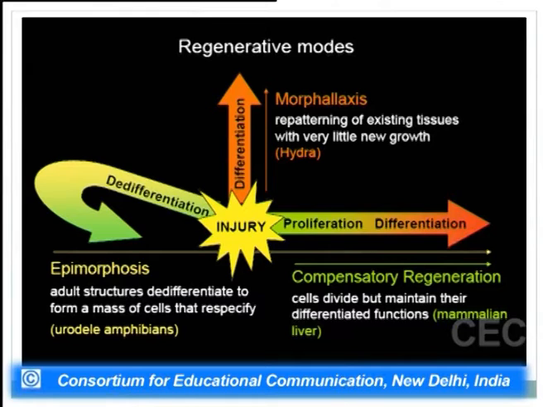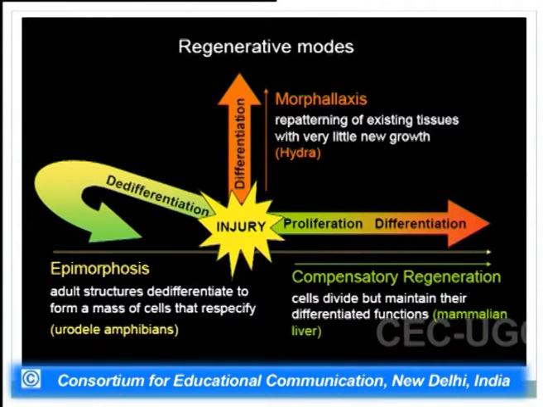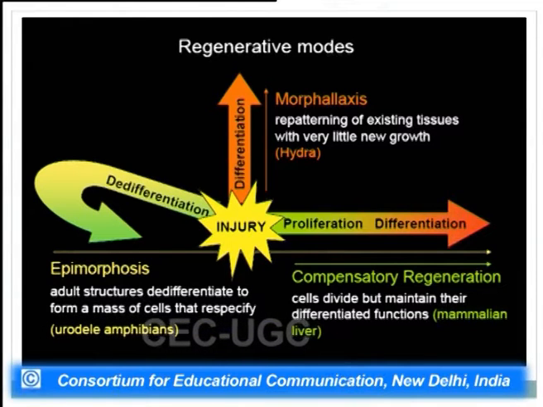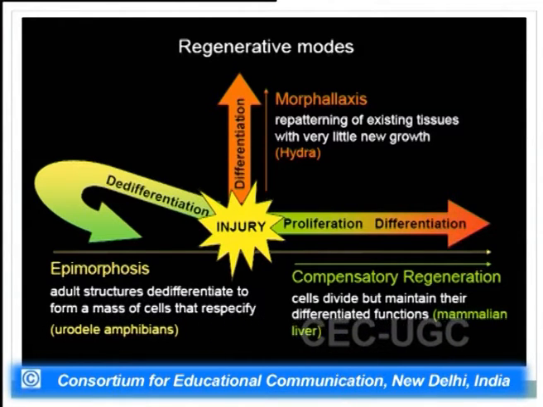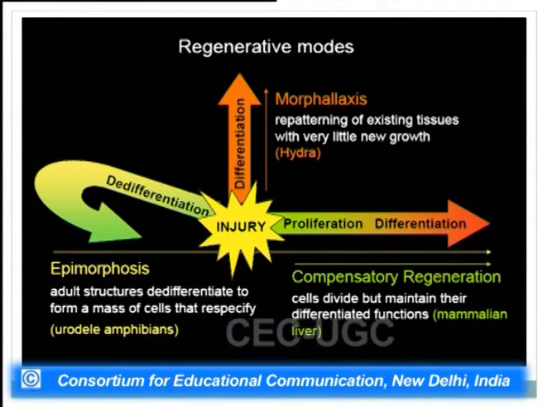In morphallaxis, which is exhibited by Hydra, a coelenterate, the repatterning of existing tissue occurs with very little new growth. However, in epimorphosis, there is a de-differentiation. It is exhibited by the urodele amphibians such as salamanders, and the adult structures de-differentiate to form a mass of cells that re-specify. So, that is basically epimorphosis.